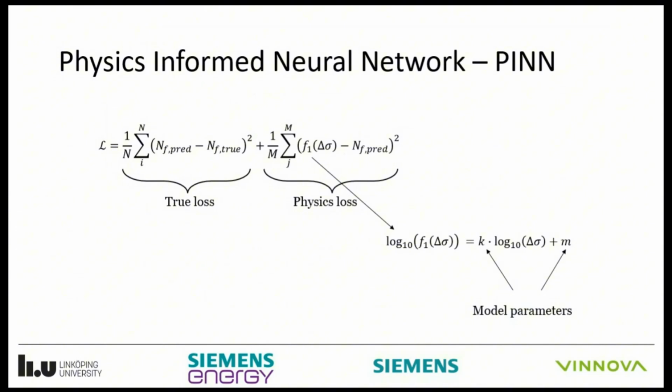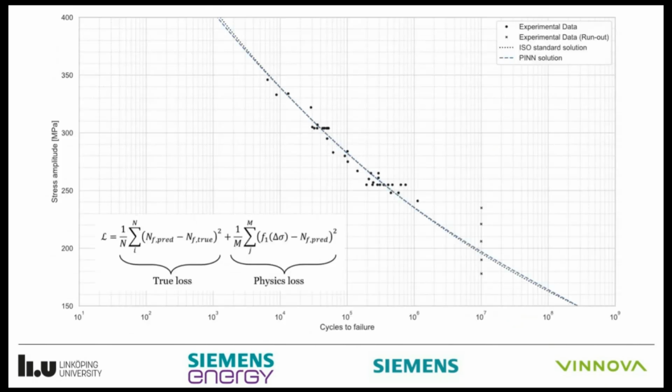They will also be updated during the training sequence. And by doing this, we know we have some function here that is also minimized during the training sequence. When we incorporate this, we start to have very similar behavior as this ISO standard. So now we can use this model to extrapolate outside it.